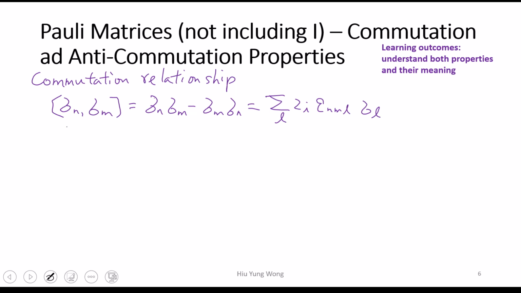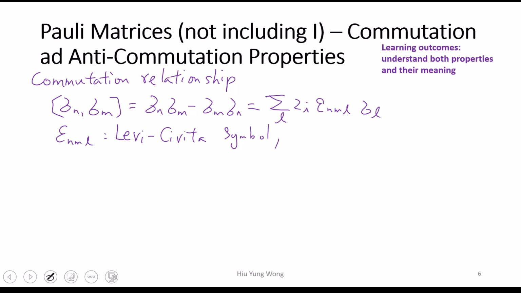First of all, what is epsilon n m l? This is not difficult if we just cool down, right? This is called the Levi-Civita symbol, I don't know how to pronounce it actually. So what does it mean? You can think in this way.